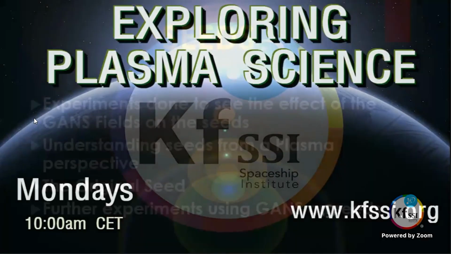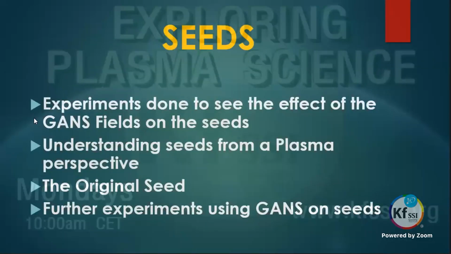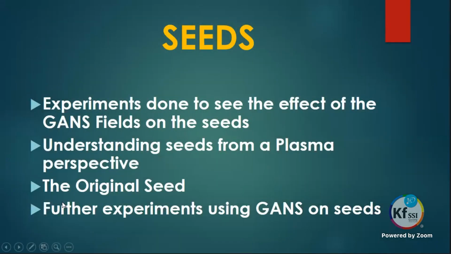Okay, so when we have a look at agriculture and the seeds, it's a case of how one can use the different GANSes that we've learned to make over time, and what effect this has on agriculture, whether it's our garden, our plants, or how we can actually use it.